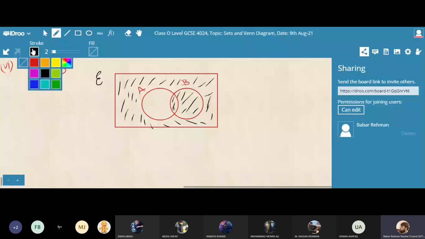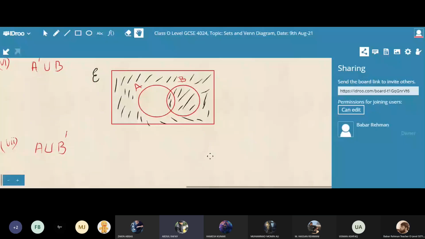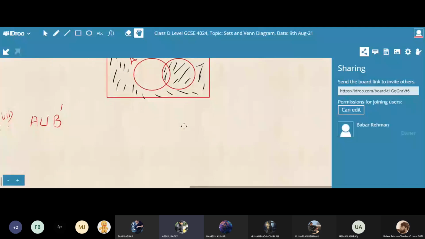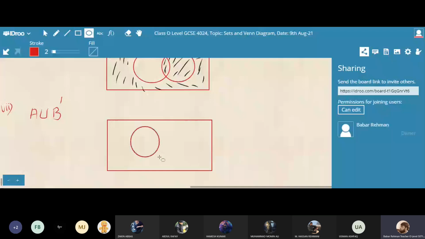What about this? A union B complement. Now what is the answer? Sir, have you drawn this diagram? Sir, A part will be shaded, not B part. B part will be left alone, and the whole part will be shaded. Yes. Good.